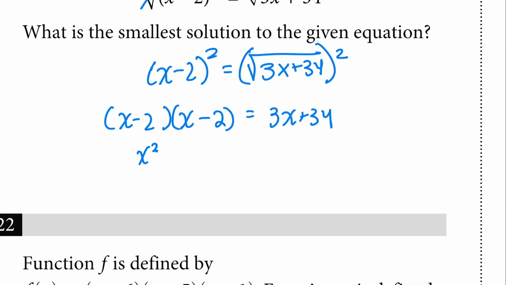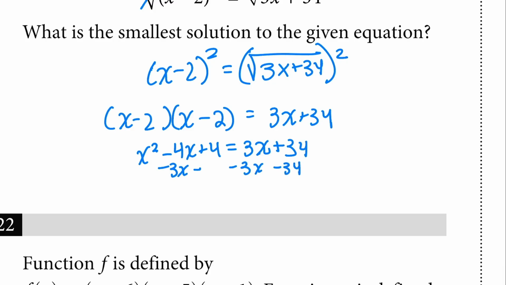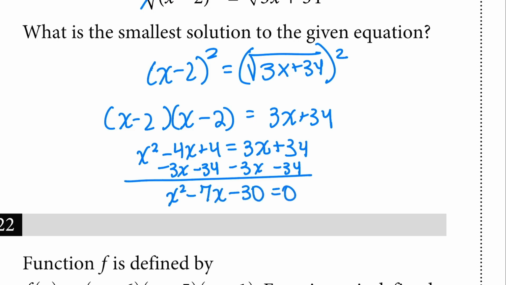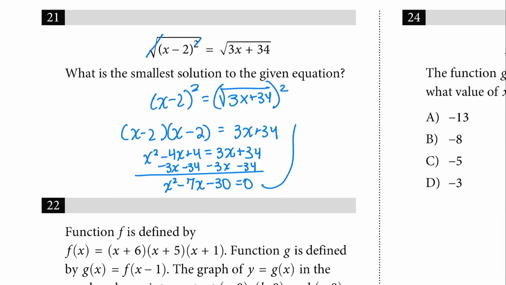So we're going to get x squared minus 4x plus 4 equals 3x plus 34. When we subtract 3x from both sides and also subtract 34 at the same time, what we're going to get is x squared minus 7x minus 30 equals 0. Now we can factor this.